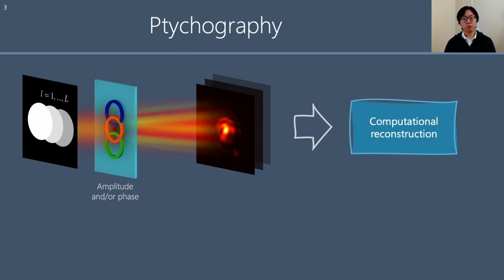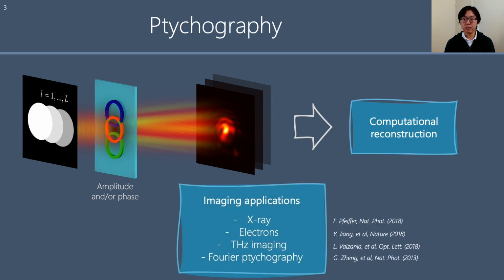This is in sharp contrast with the simplicity of the experimental setting, which explains why ptychography has been successfully applied in many different settings, from X-ray and terahertz imaging to electron microscopy. It has also inspired a variant in the Fourier domain called Fourier ptychographic microscopy.